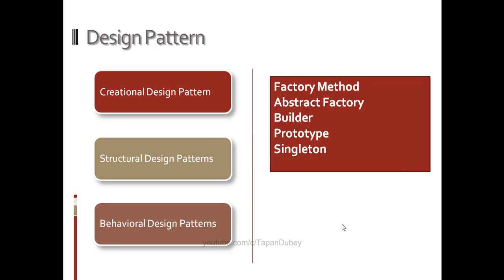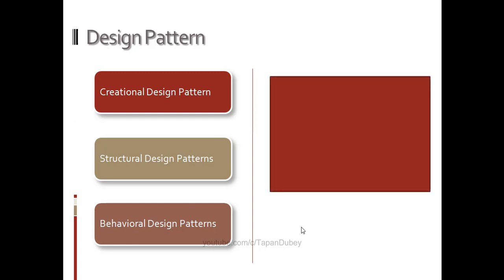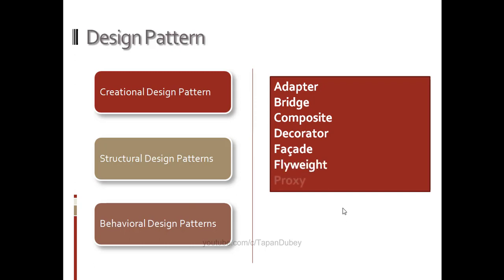Okay, now let's talk about structural design patterns. These patterns mostly define the relationship between classes and objects. What patterns come under structural design patterns? Let me list them: adapter, bridge, composite, decorator, facade, flyweight, and proxy.